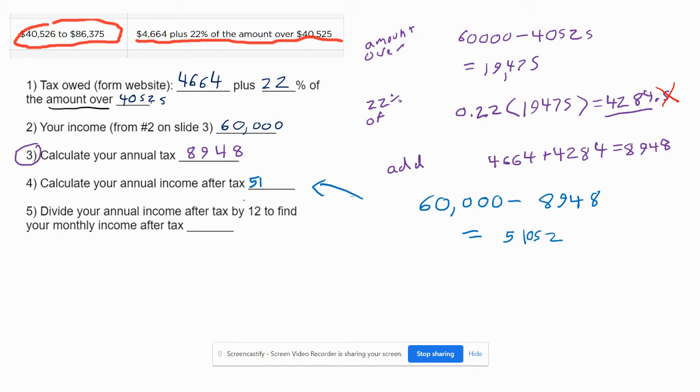Looks like I left off a 0 there, must have been when I was erasing. So I am bringing home $51,052.